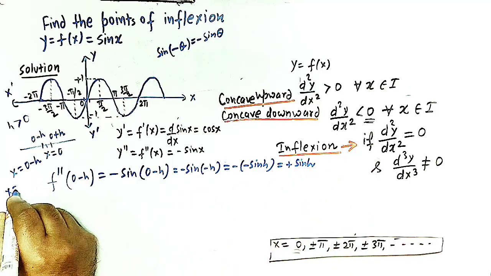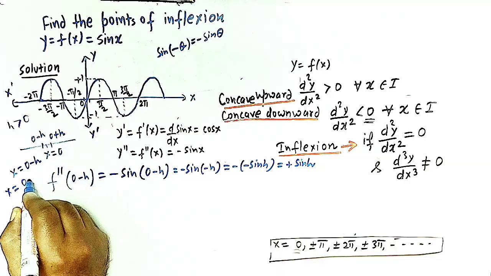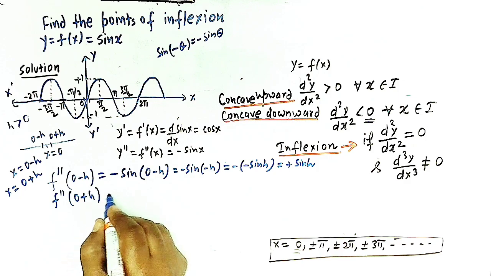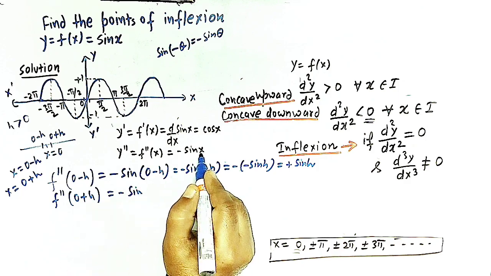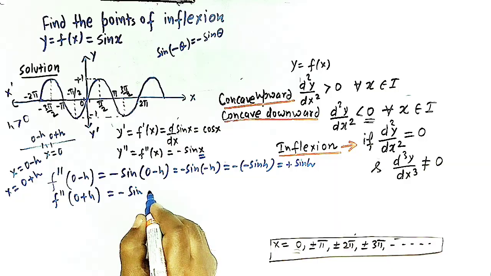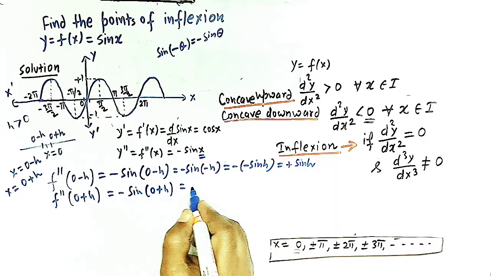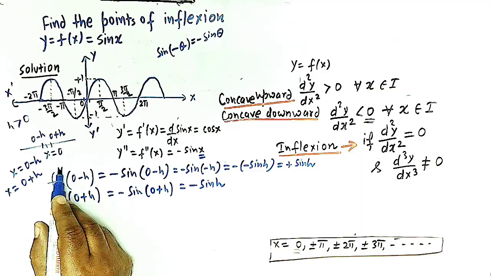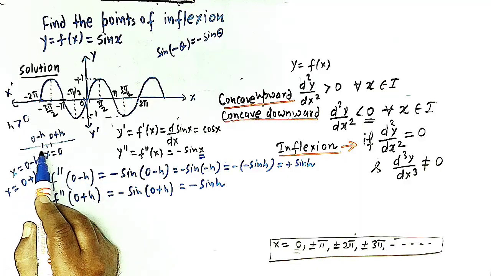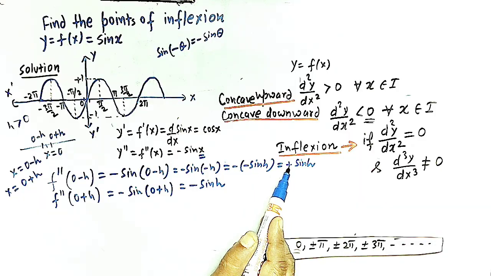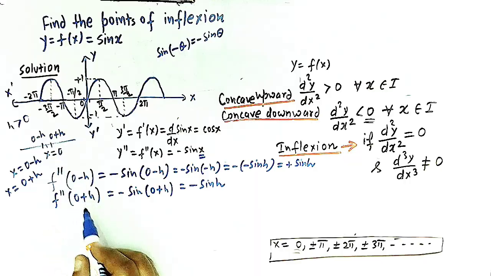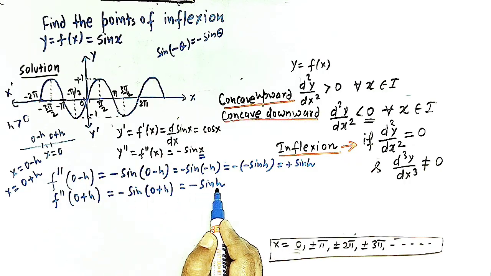And then we take x is equal to 0 plus h. So f double prime at 0 plus h is minus sine of 0 plus h, and here we have minus sine h, right? So the second derivative at 0 minus h is positive sine h, and the second derivative at 0 plus h is negative of sine h.